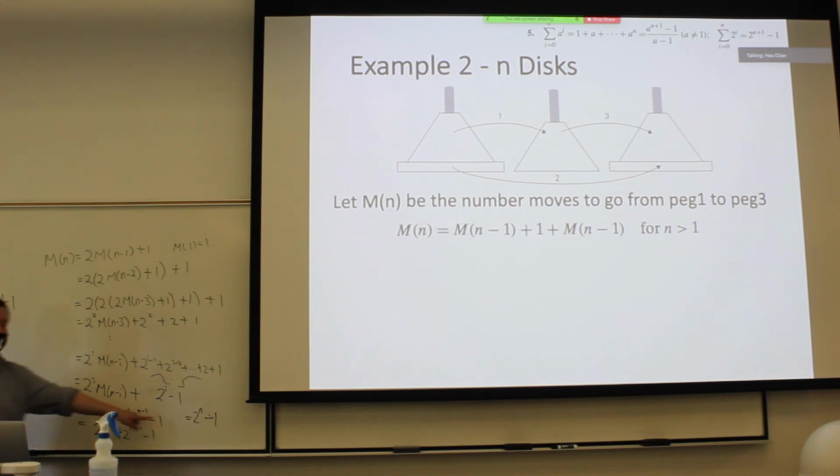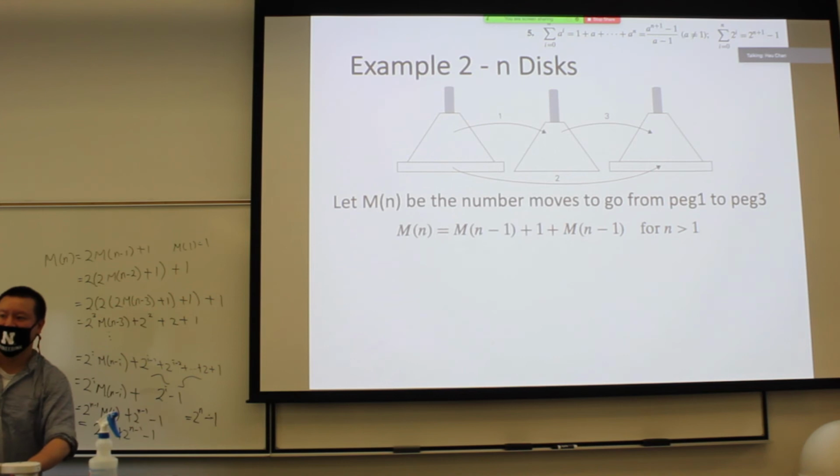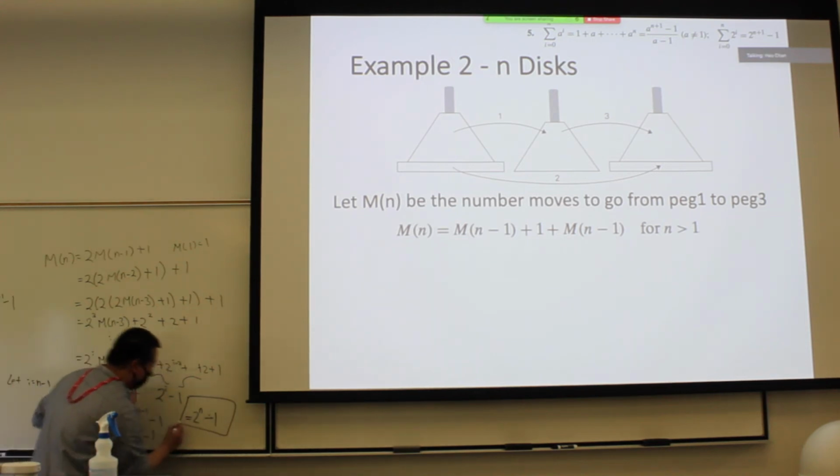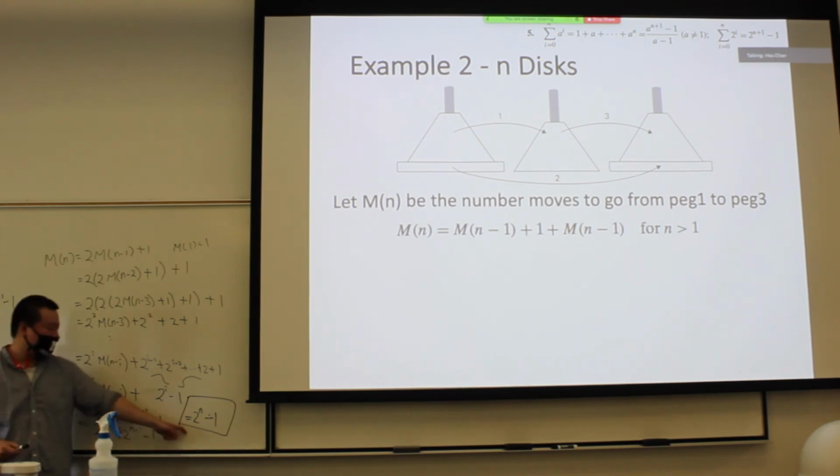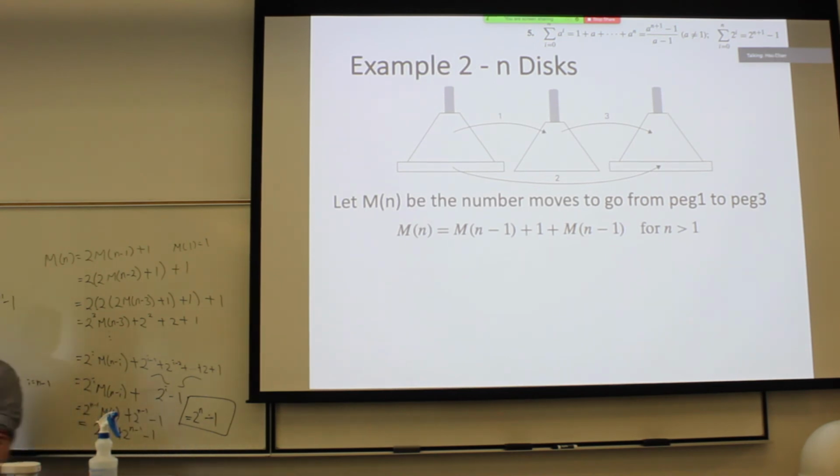Is it clear how I go from here to here? Can you guys see back there? I'm sorry if you can't see. Is it hard to see? No. So at the end of the day, this is what we have: 2 to the n minus 1. Do you think this is correct? Let's check, because last time we said that when n is equal to 3, the answer is 7.